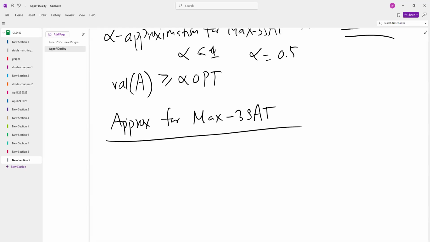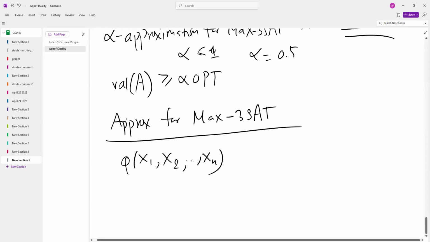Okay. And now let's think of an algorithm for this. Let's say this is my formula.